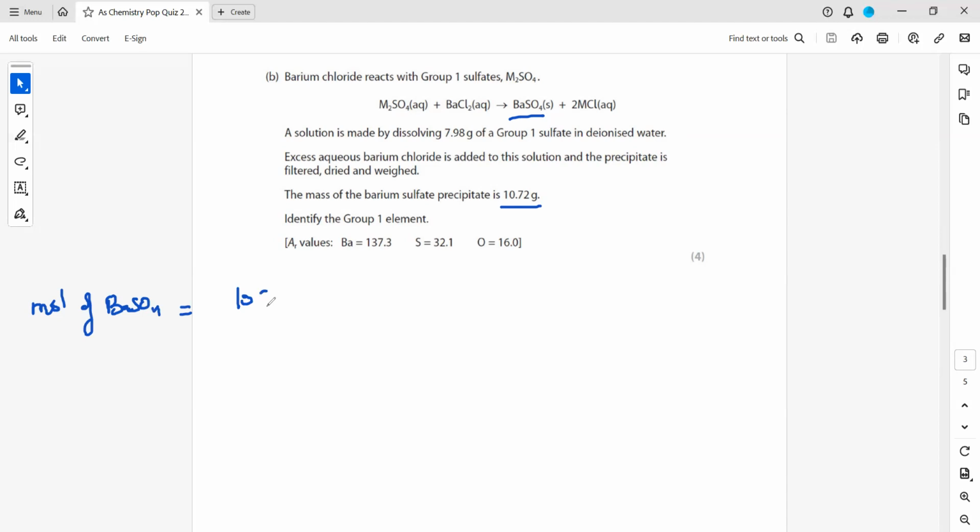Mass in gram is 10.72 and the molar mass of 1 mole is 137.3 plus sulfur 32.1 plus oxygen 16 multiplied by 4. This will give us the moles of barium sulfate, which is 0.045. So we get 0.045 moles.